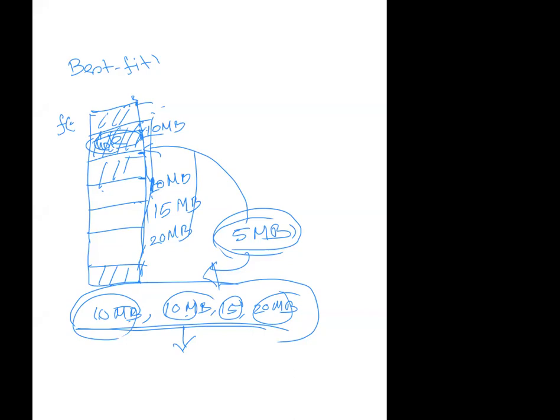Another thing is, let's say this process size is 8 MB instead of 5 MB. The best fit algorithm finds all four holes that are good enough to fit this 8 MB process. It selects the smallest one, the 10 MB hole, and inserts this process inside your RAM.